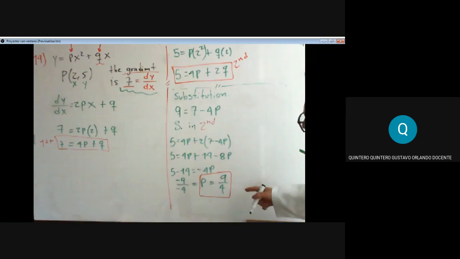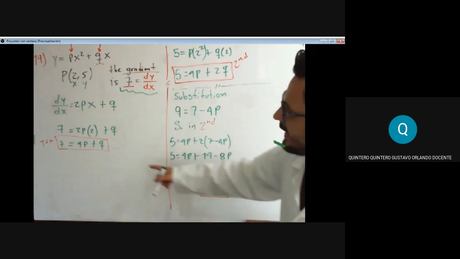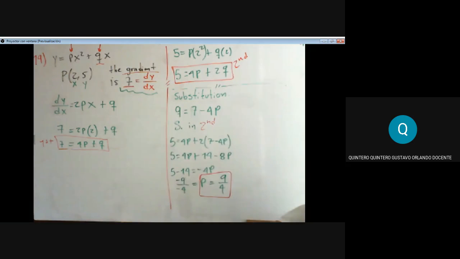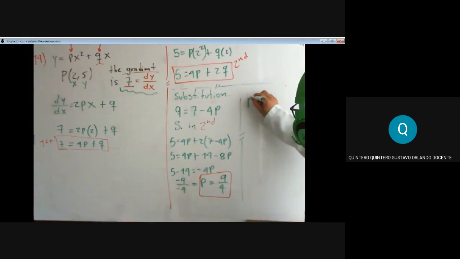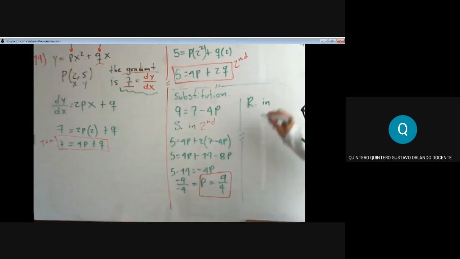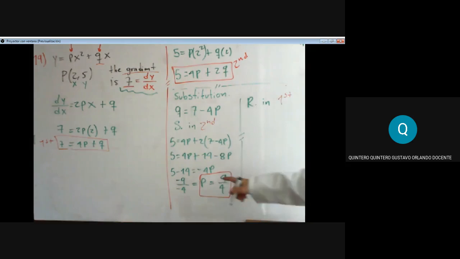Well, easy. Just like in elimination, we're going to replace the value of p in the first or the second equation, whatever you feel is easier. I feel it is a lot easier in the first one as well. So, replacing in the first one will give me the value of q.